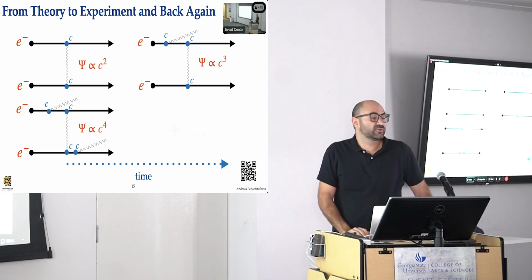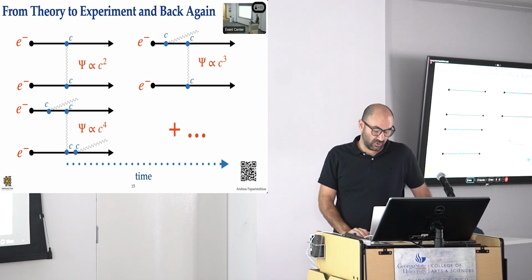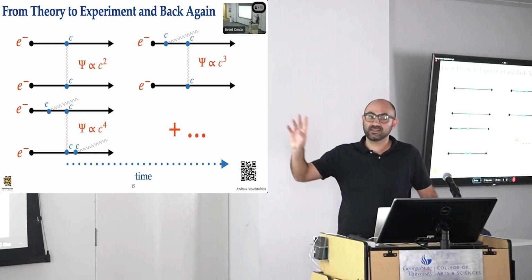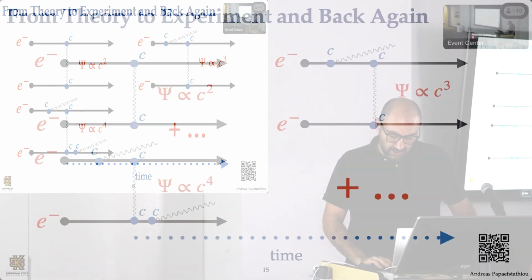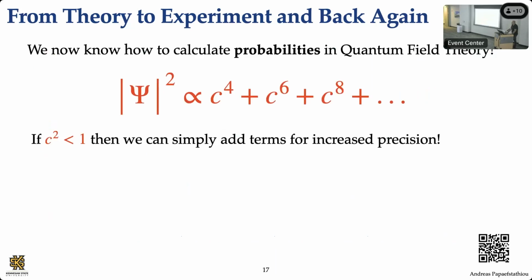So of course you can start drawing various diagrams, and these are not the whole story. But what I'm claiming here is that you can calculate some object that looks like a wave function, and then you can square it to relate the appearance of each of these diagrams with a probability, in a similar way to quantum mechanics. So I just squared those diagrams. You can then ask, what is the total probability of these kinds of interactions between two electrons?